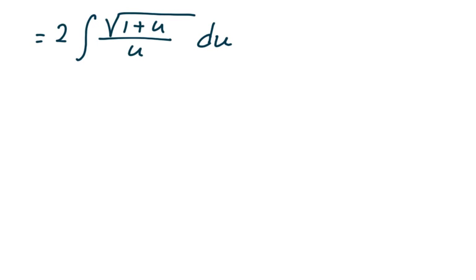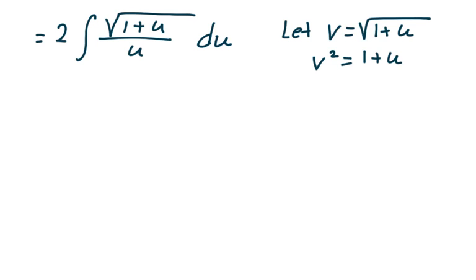And then you might ask, well, what am I going to do with that? Well, from here, I'm going to make another substitution. I'm going to let v be the square root of 1 plus u. V squared is 1 plus u. So 2v dv is du.